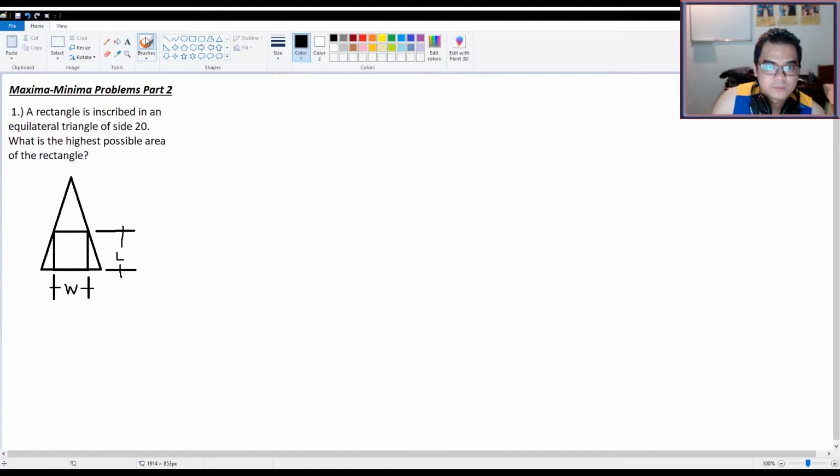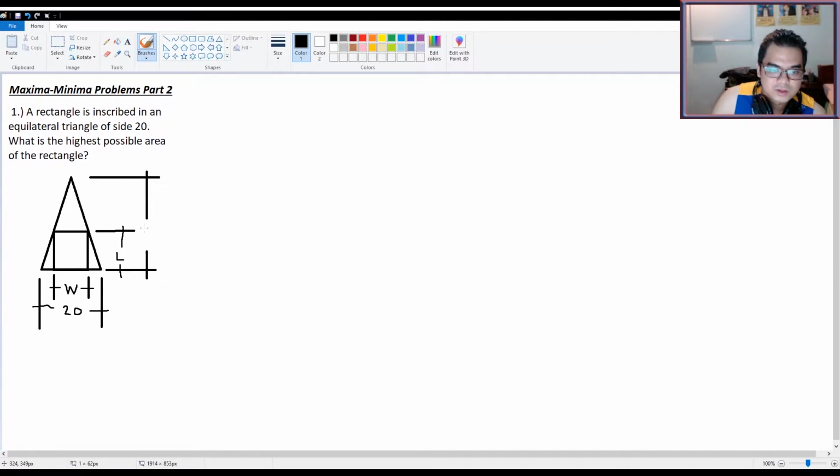Going into the dimensions of the triangle, since it is an equilateral triangle, all sides are equal. So this is 20, and this is also 20. Now from here to here is the height of the triangle.